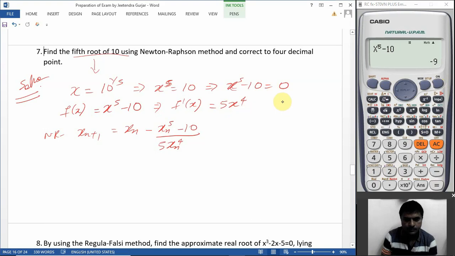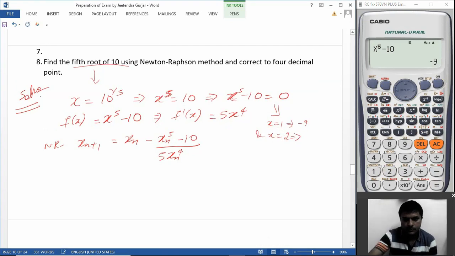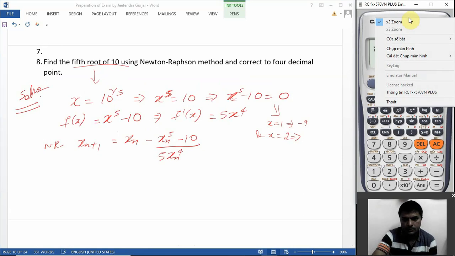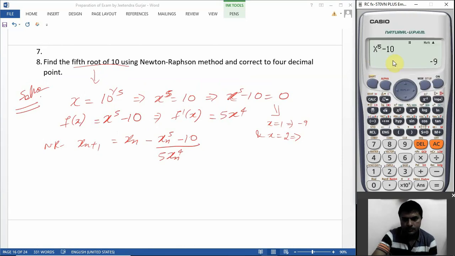Therefore from this table I am going to choose x n is equal to the positive value 1.5. Okay, so let us take 1.5 and calculate the answers, friends.